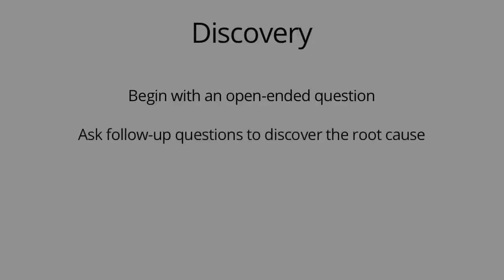Begin with an open-ended question, such as, "So, what's going on?" 2. Ask follow-up questions to discover the root cause of why the student would like to withdraw or drop from his or her course or program. For example, "So, tell me more about what you are experiencing."